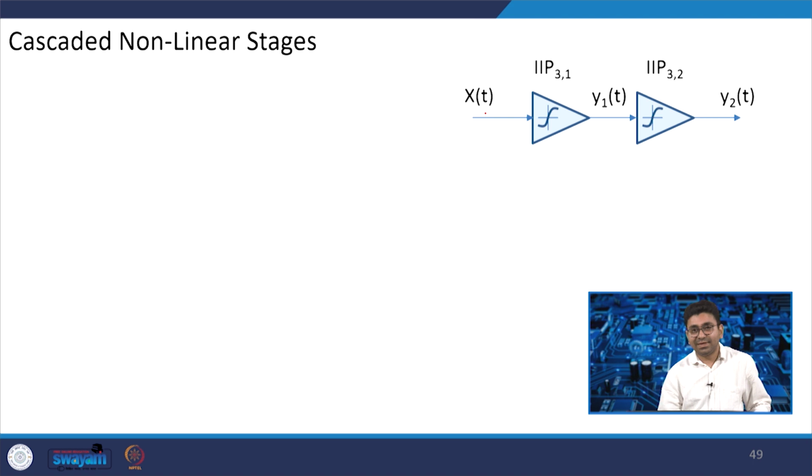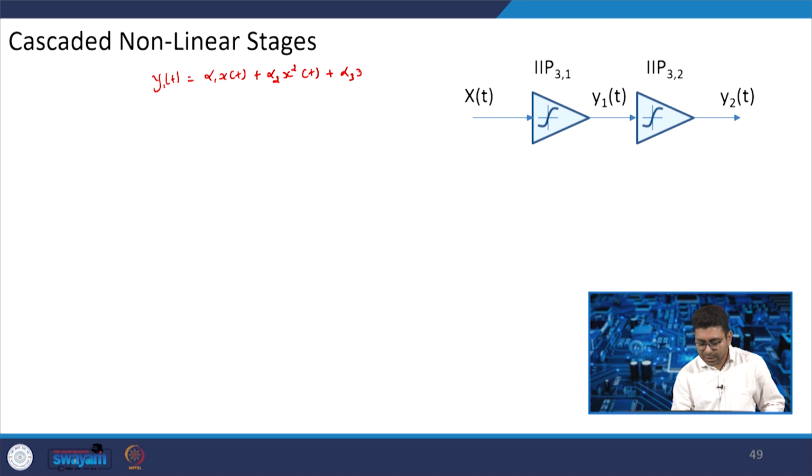So, if this is x(t) and this is the first stage amplifier, or let us say any active component, with IIP3 1, and the output of this is y1(t), the second stage has IIP3 2, and this is y2(t), that is the output. So, we will find out y1(t). Same thing, we can use the same equation: alpha 1 x(t) plus alpha 2 x square t plus alpha 3 x cube t.